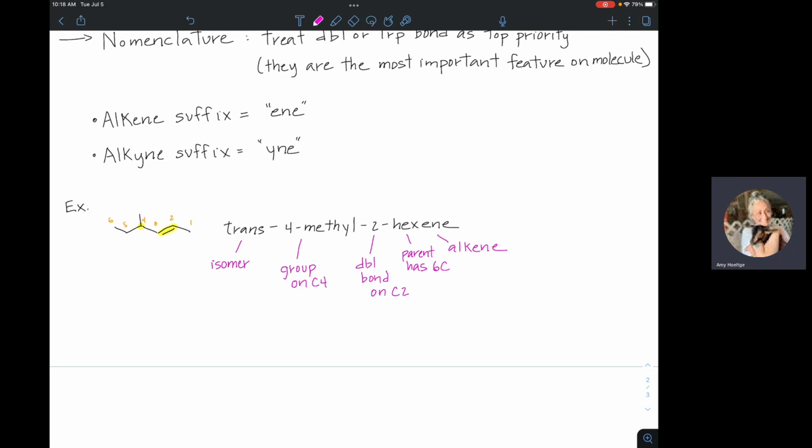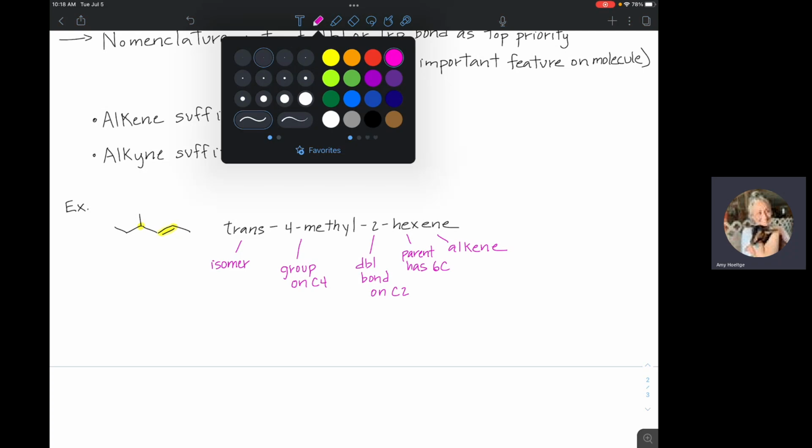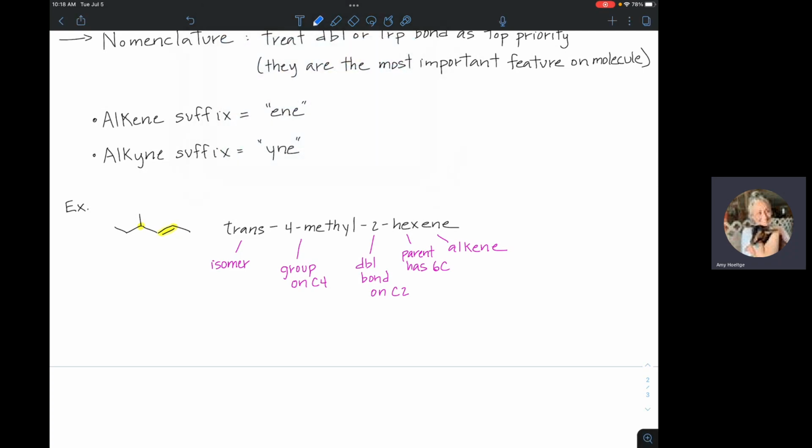So in other words, we have the two biggest groups, not the hydrogens, on opposite sides of the double bond. And I know that sounds confusing because we didn't name that thing as a group, but it's the rest of the molecule, right?